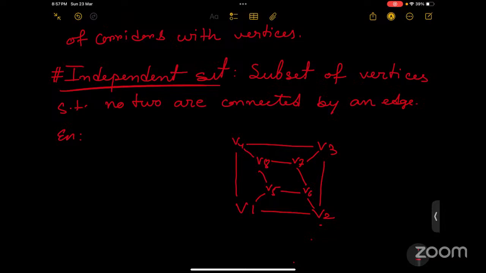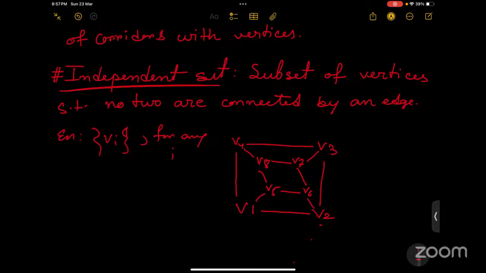If I take any single vi, it will be an independent set, right? Agree? Any doubt?